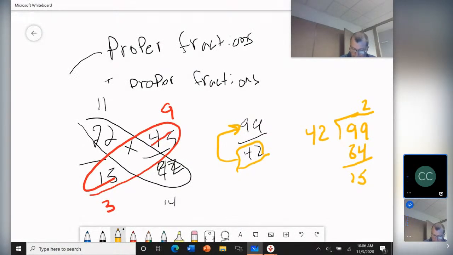So how you remember, whatever's left over always goes over this number. So you're going to have 2 and 15 over 42.